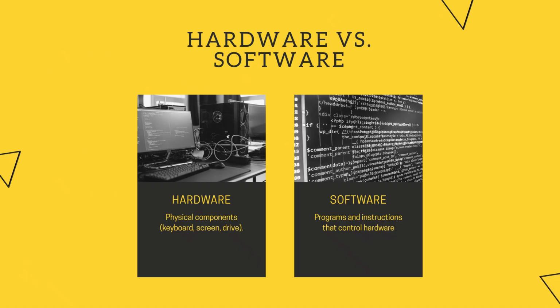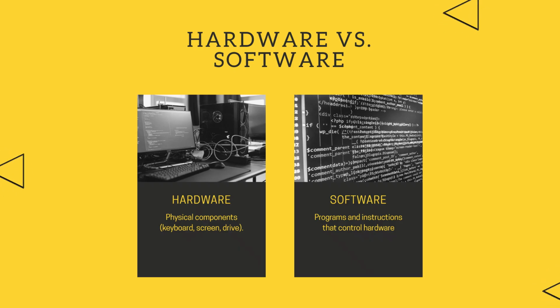Now, to understand computers, we need to distinguish between hardware and software. A lot of this may be a review for you from previous courses. Hardware, remember, is the physical equipment. These are things that we can touch, like the keyboard, the screen, the mouse, the hard drive.